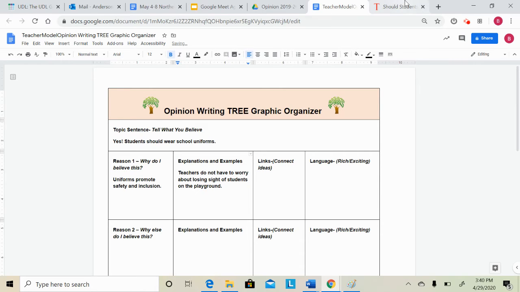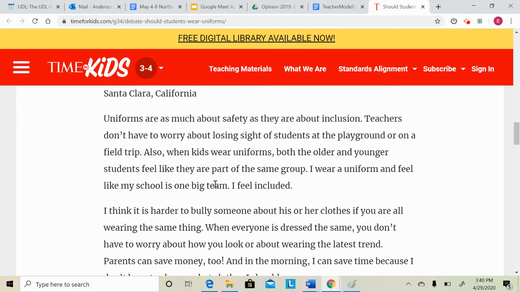Another example she gave of uniforms promoting safety and inclusion is that students feel like they are a part of the same group, and Una herself feels like her school is one big team.